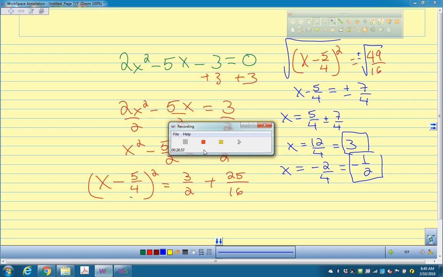I would like you to try to finish this worksheet in class. You must show work. You can't just write down the answers.